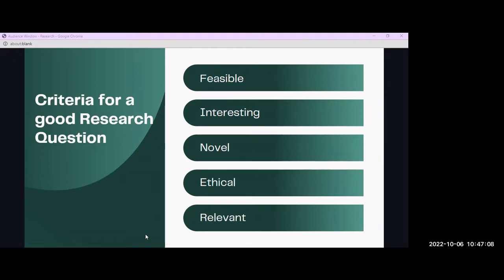So another is your study must be novel. Okay? The novelty of the study is based on how your study can contribute to the body of knowledge. Meaning, can it refute or provide additional findings? Sometimes you can contradict previous findings.